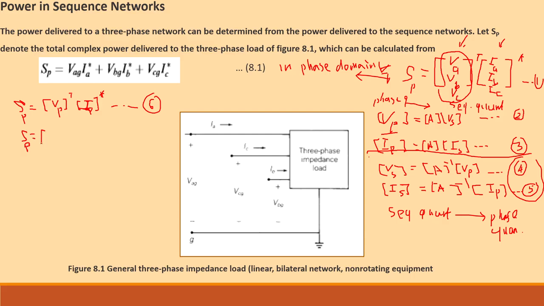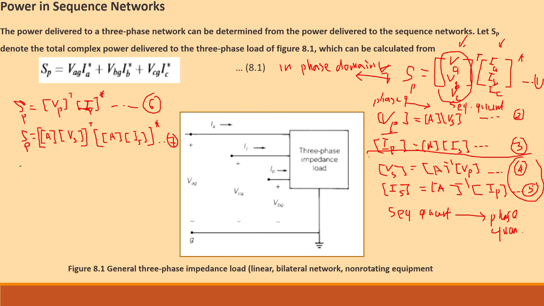If we substitute the equation number 2 in the equation number 6, SP equals the transpose of the product of the matrix A multiplied by Vs, and I phases is equal to the matrix A multiplied by Is conjugate. This is the equation number 7.